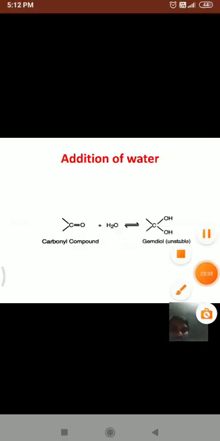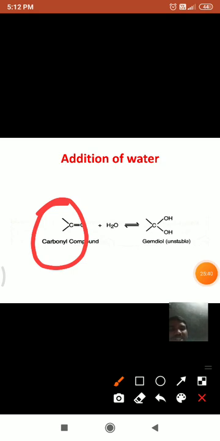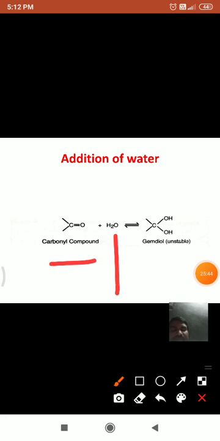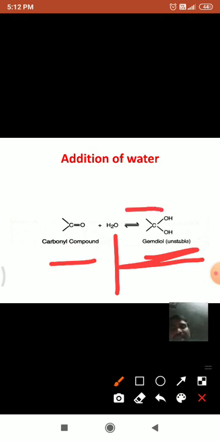That means addition of water again reversibly forms the carbonyl compounds, because gem diols are generally unstable, and in this reaction the equilibrium lies more towards the left side. Hence, again, it reversibly forms the carbonyl compound. This is about the addition of water.